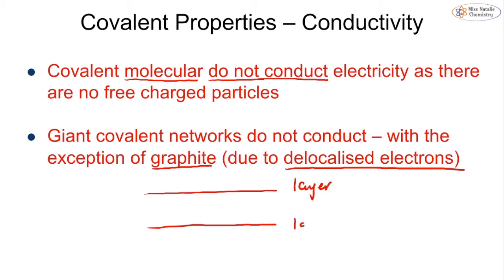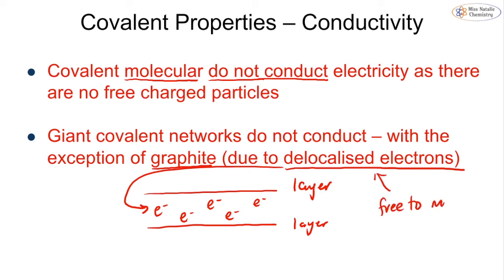So we had our two different layers. Remember, they're in our hexagon shapes. I've just drawn them as straight lines to help here. Whereas in the center of those layers, we have those delocalized electrons. And because those delocalized electrons exist, it means that they are free to move, so they can carry charge. Meaning that graphite will conduct electricity, but it is the only covalent substance that we need to know about at this point.